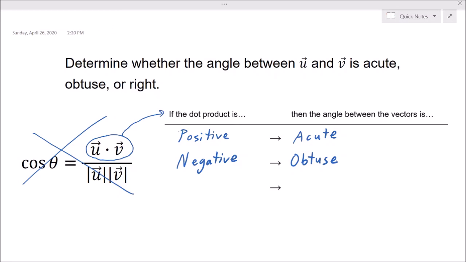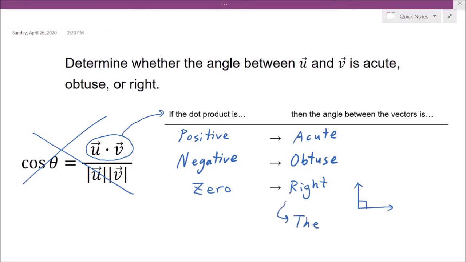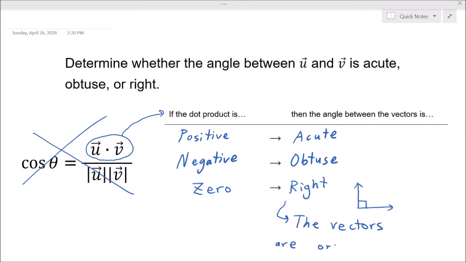And then if the dot product is exactly 0, then the angle is a right angle. It's exactly 90 degrees. And here's a vocab term. If the angle between two vectors is exactly 90 degrees, so if they're perpendicular like this, right, then we say that the two vectors are orthogonal. So that's a new vocab term that basically means perpendicular, orthogonal.